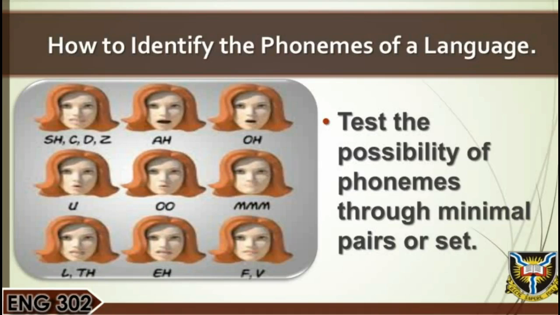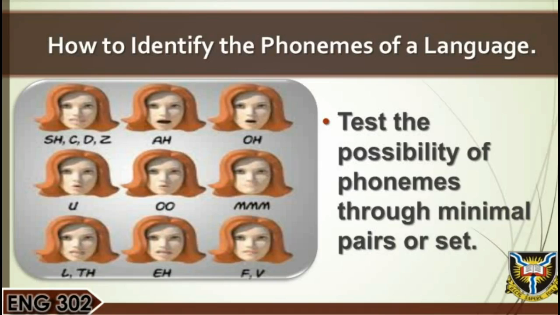We can therefore conclude that in the English language, E and A are different phonemes. Pairs of words that differ in just one phoneme are known as minimal pairs. When they are more than a pair, they are called minimal sets. We can establish the same fact about P and B by citing pin and bin.